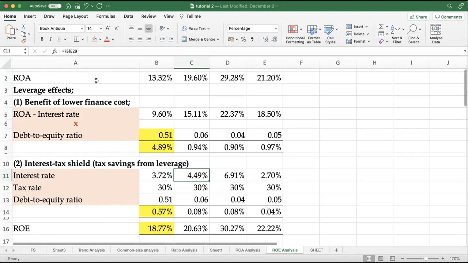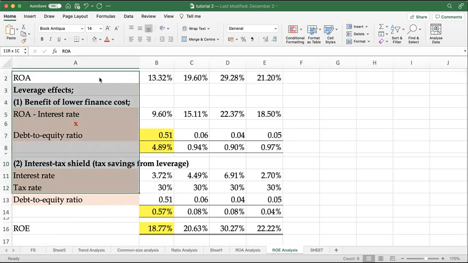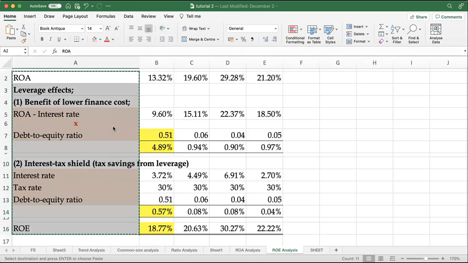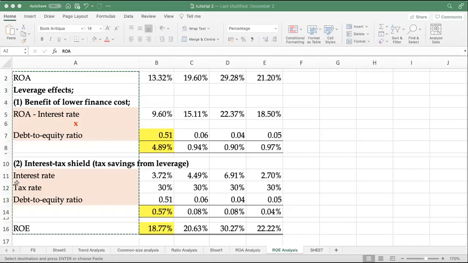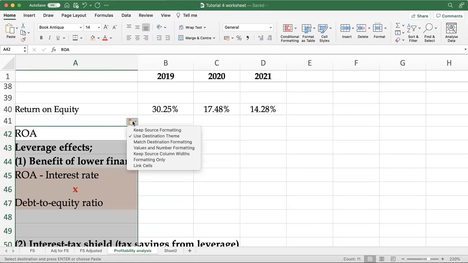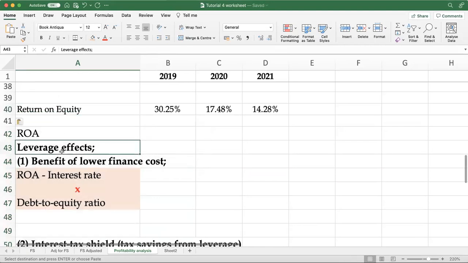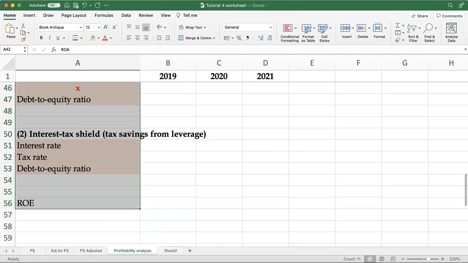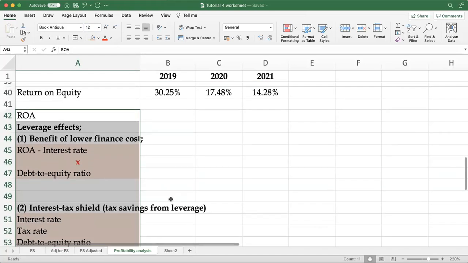Right. Now we'll do the same analysis. We'll take ROA, then we'll take the leverage effect. Now we know the ROE.